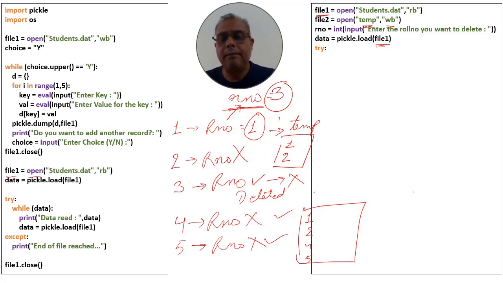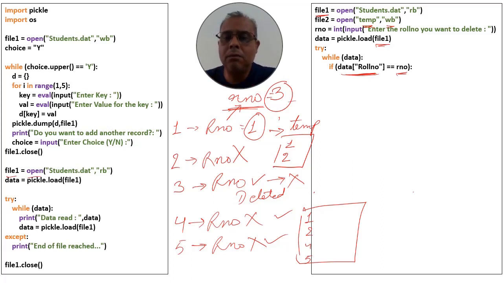So try. Within try, I'm going to keep on accessing each and every record. So while data, the loop will keep on running. Here I'm going to check whether the roll number present in the data variable is equal to the roll number that we entered at runtime, that we want to delete, that is roll number 3.